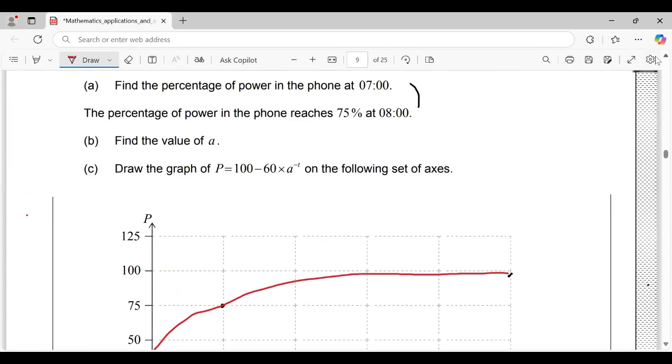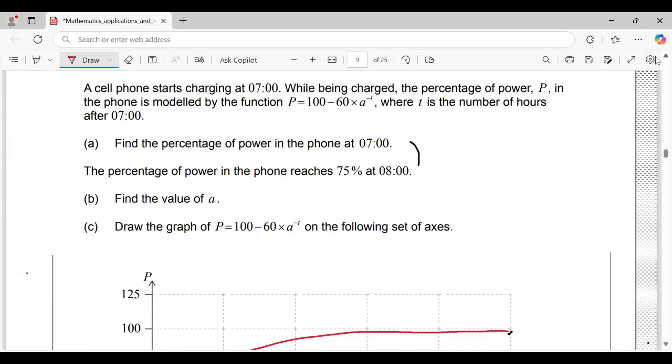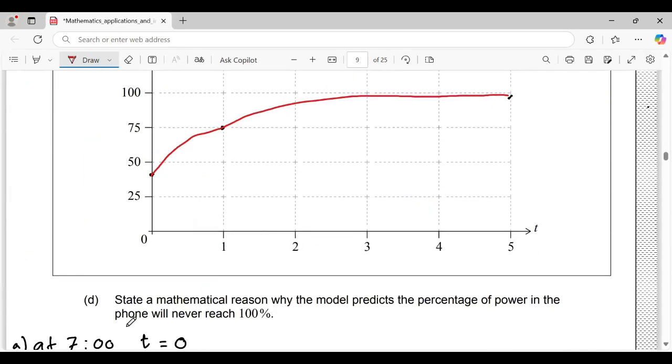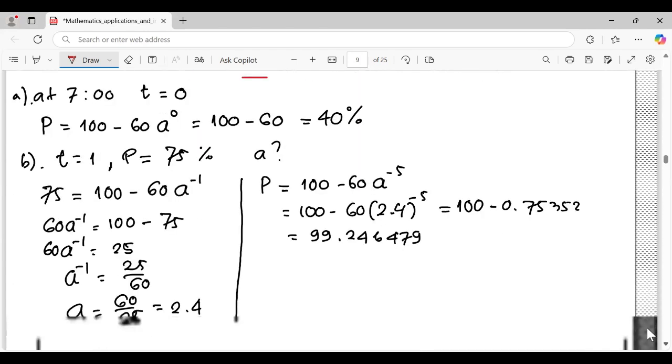Next. Now the graph is drawn already. Next, this one, D. State a mathematical reason why the model predicts the percentage of power in the phone will never reach 100%. The power is never 100%.